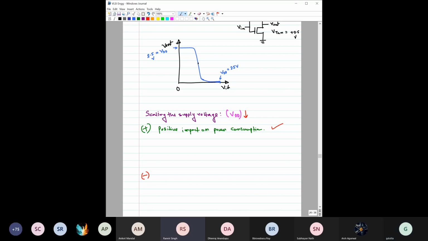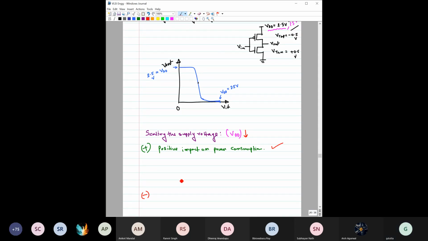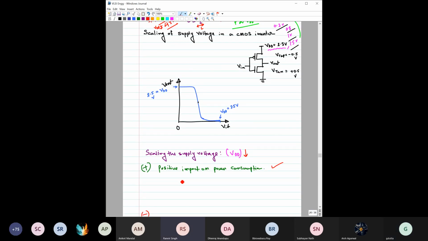If you have to make an amplifier, then only. For inverter, I guess it will be fine. It could be fine.